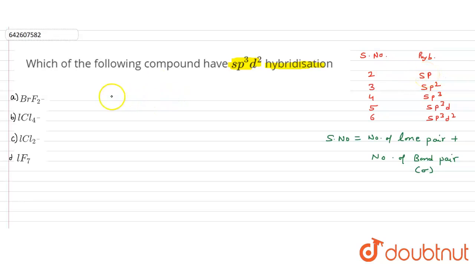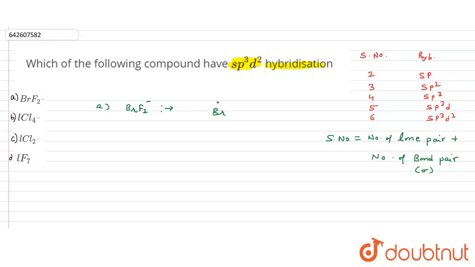So now if we see the first compound, that is the BrF2 negative species. Let's start here. Bromine belongs to group 17, that means the halogen family, and we know that in the halogen family the valence electrons are 7.